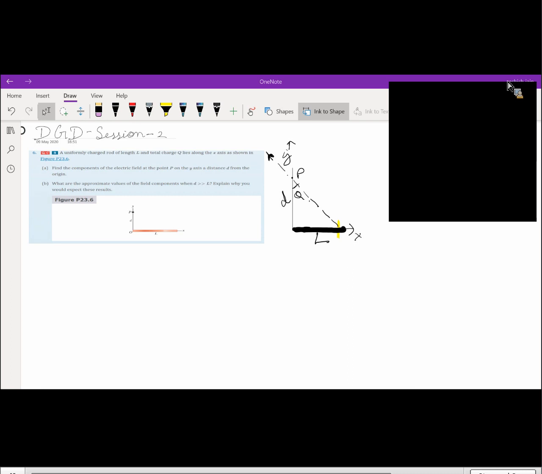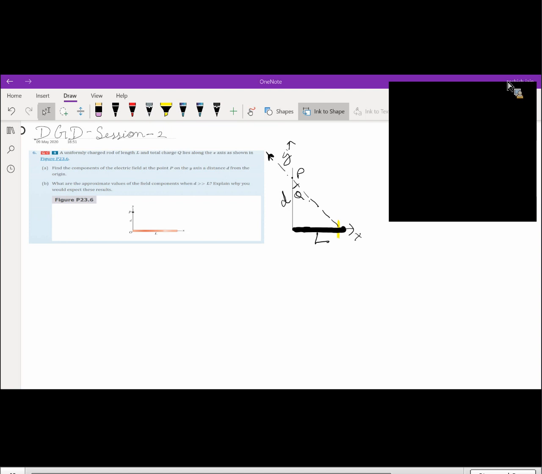So let's see what's given. A uniformly charged rod of length L and total charge Q lies along the x-axis as shown. As you see in the diagram here on the right, we have a rod of length L and a total charge Q distributed symmetrically and uniformly across the length of the rod.